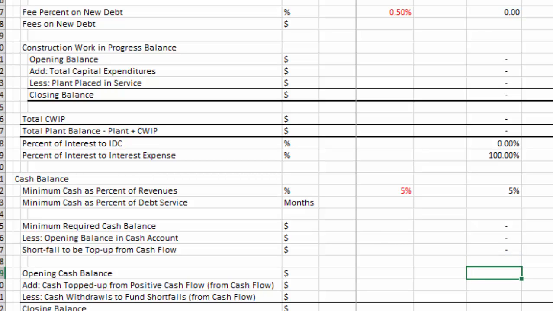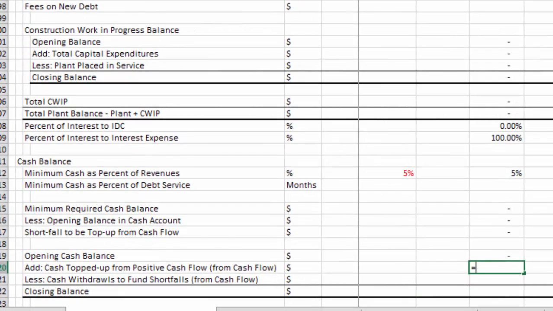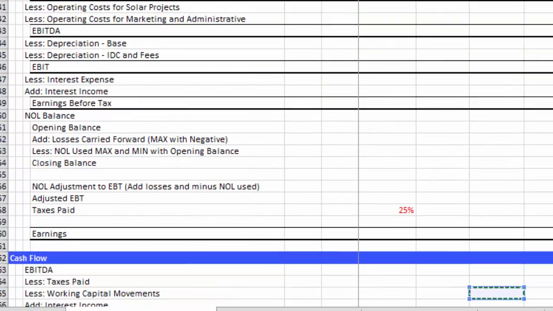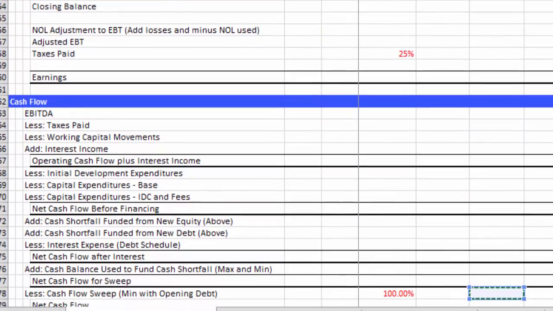Now, we don't really know how much shortfall we're going to actually have, because if we don't have any cash flow, we're not going to be able to get any of that and put it in a cash account. So when we find the amount, the amount of cash that actually is going to be put into the account comes from the cash flow statement, just like the cash sweep.